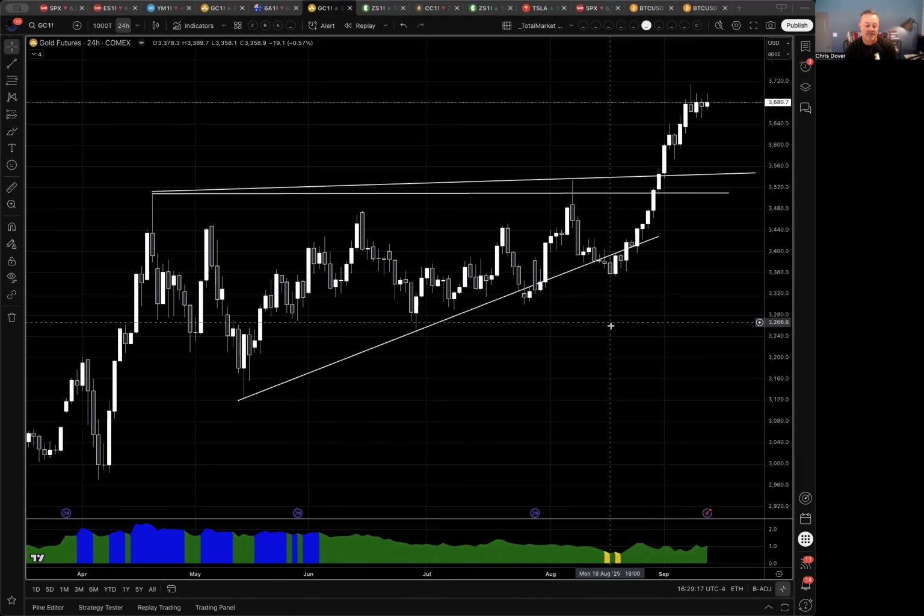So that's why I call it a magic line, because I want people to realize that we're talking about something like magic here. We're not actually talking about legit things. It's just perception. Perception is reality. So people see that line break and they're like, oh, that's it for the bull market, I'm going short. And so you get a lot of people offside and they have to cover, right? And that causes this artificial banging around.